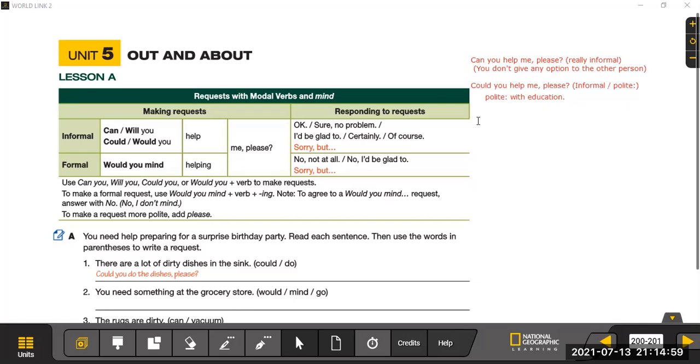Then we have will. I'm going to use will. Will you help me, please? In this case, we are using will. It is informal, but looks like you are begging for help.